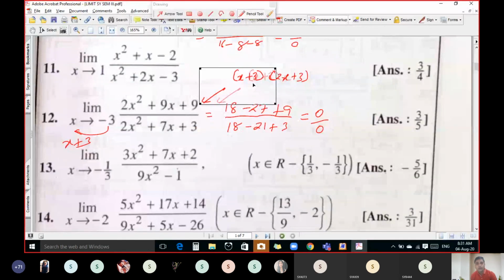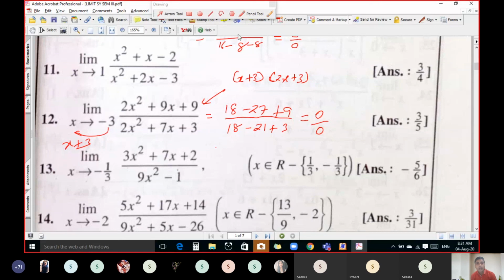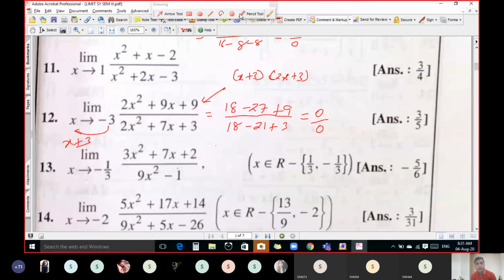Now the same thing you can do for this denominator. For the denominator, same thing you can apply.